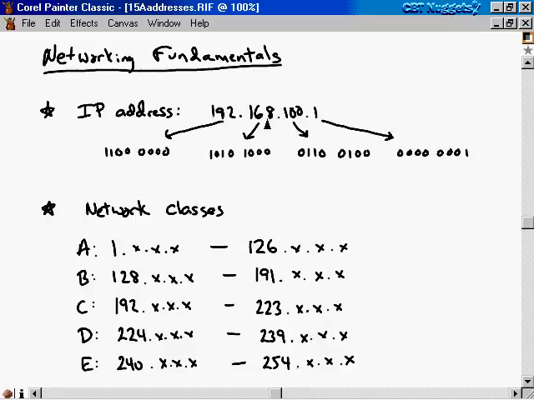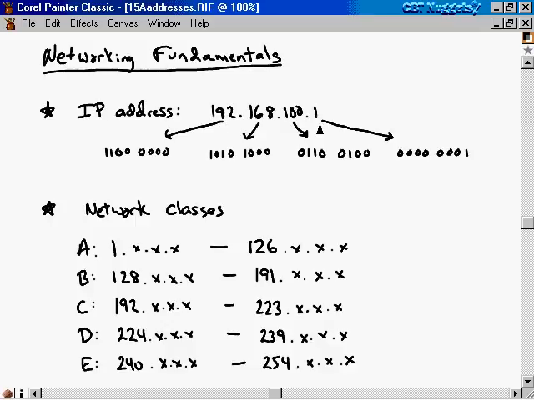The reason each of these numbers is called an octet is because each one is composed of 8 binary digits. Now, an 8-bit binary number can range from 00000000, which is equal to the number 0, up to 11111111, which is equal to the number 255. So each number that makes up an IP address can be between 0 and 255 inclusively.